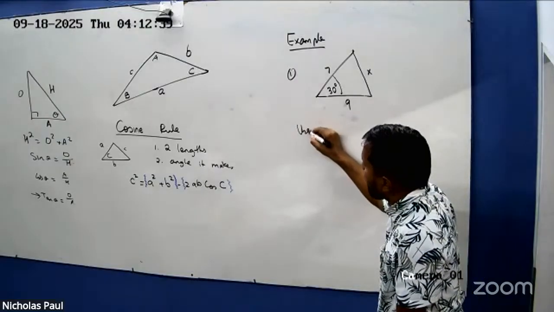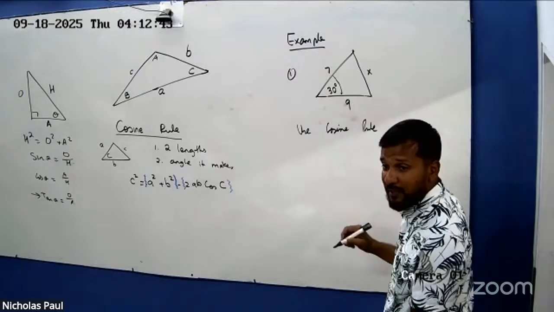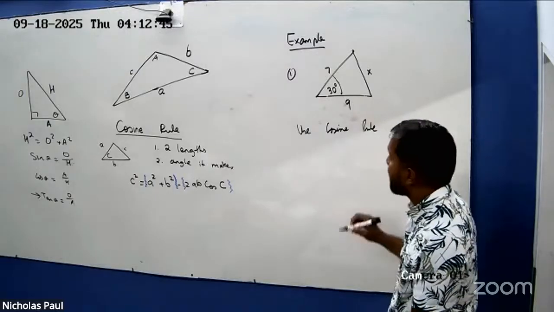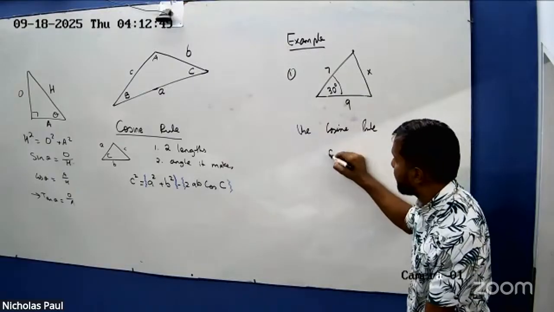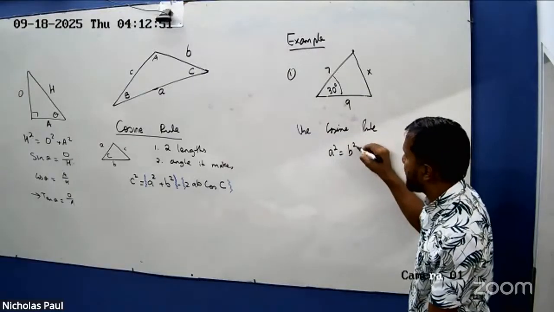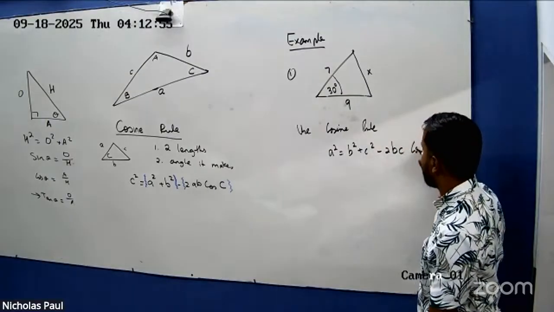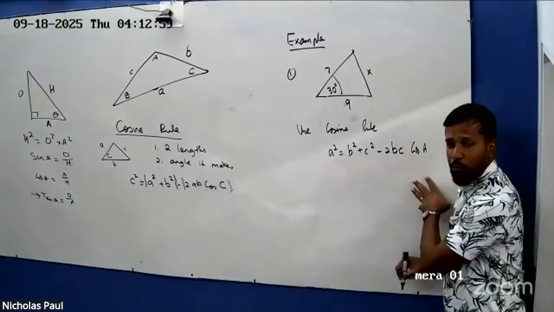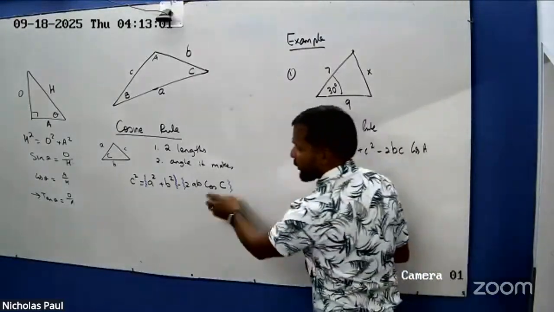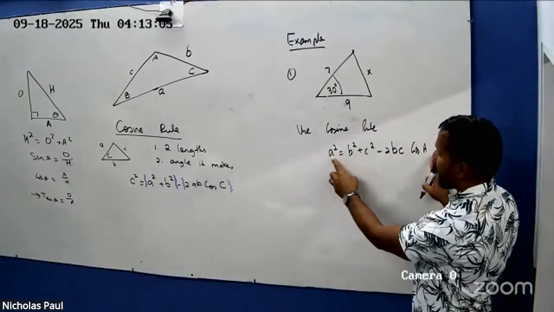So we know we're going to use cosine rule. Cosine rule is what? A squared is equal to b squared plus c squared minus 2bc cosine A. The reason I wrote it like this is because these are the same thing. All that happened is that a is on the outside now.